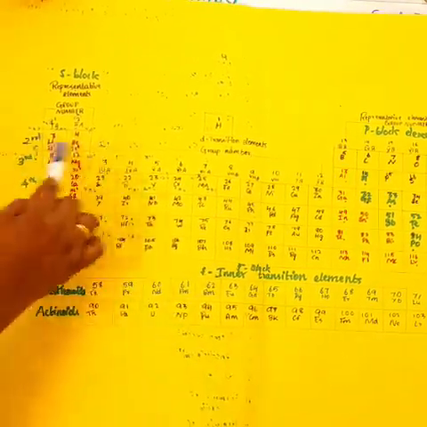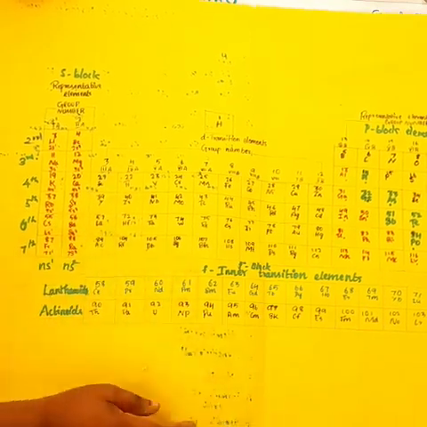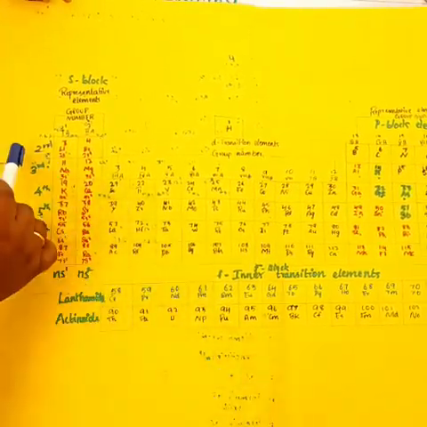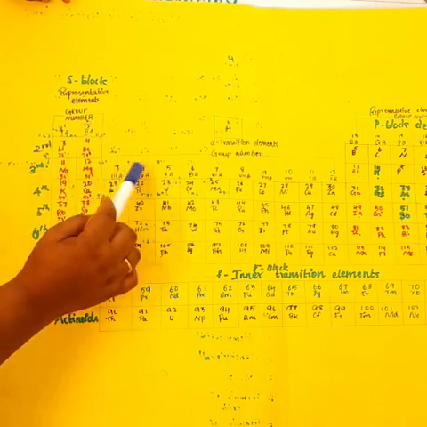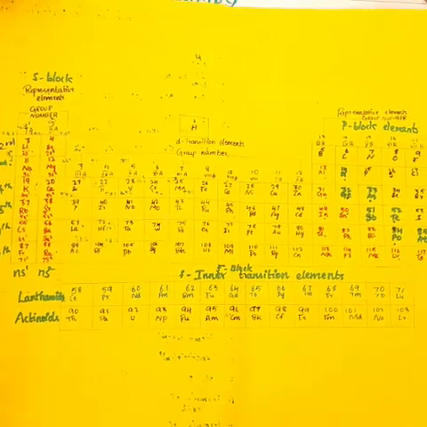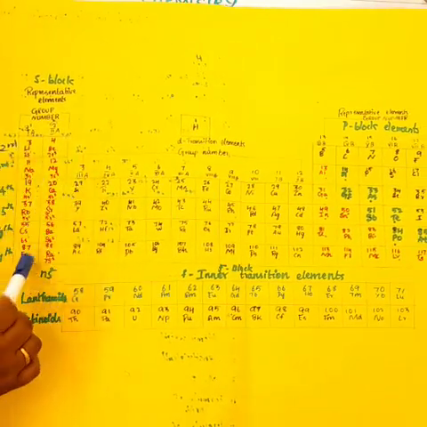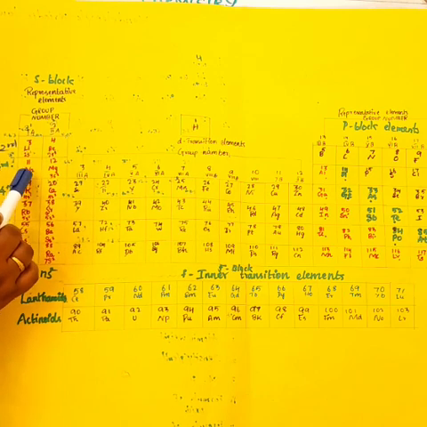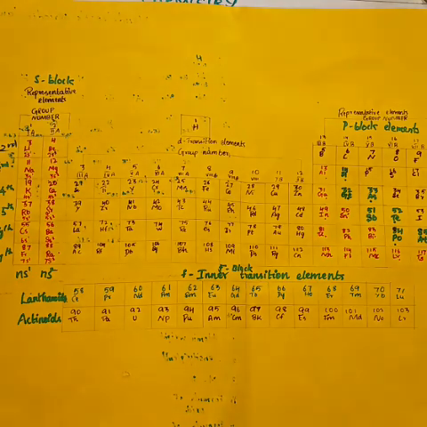Totally, how many periods are there? 7 periods. The elements of each period start from the s orbital, ns1, where n is equal to the number of the period.